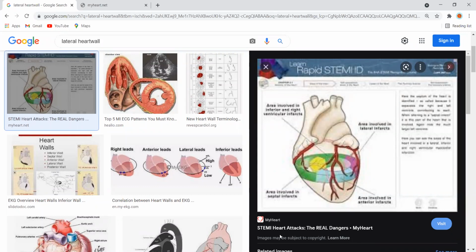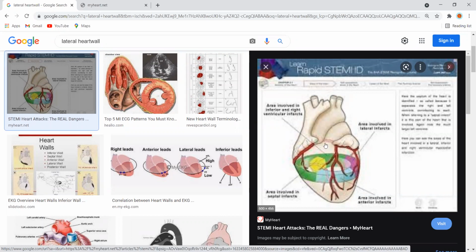Now, what happens in left bundle branch block? In left bundle branch block, now let me tell you. Yes, with the MI, the current will flow opposite because, as I told you, the dead cardiac tissue is depolarized cardiac tissue.